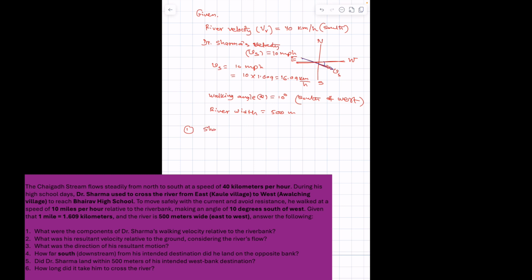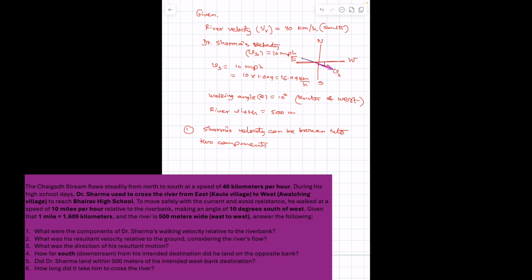So you have Sharma's velocity. It can be broken into two components, since he is crossing making a 10-degree angle southwest. So then it has two components. You see here, let me use another color.